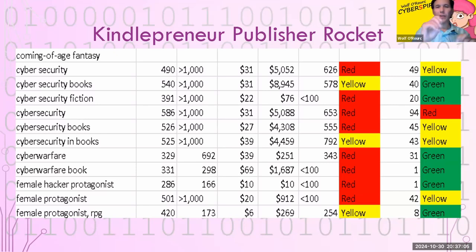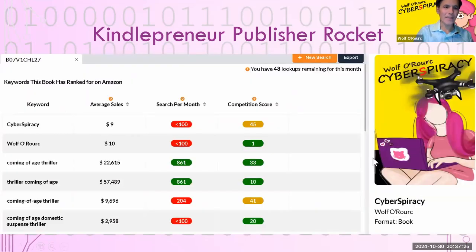Yes, especially on the ones that you fill in randomly, it's just about getting those words in there. And if somebody types in the long tail keyword "coming of age thriller," that is an exact match, and Cyberspiracy will rank very high on the results list.